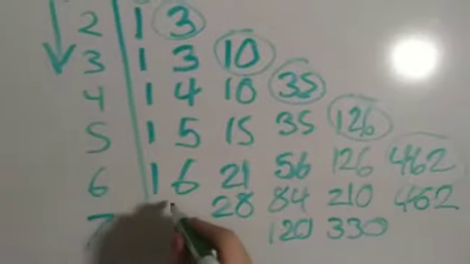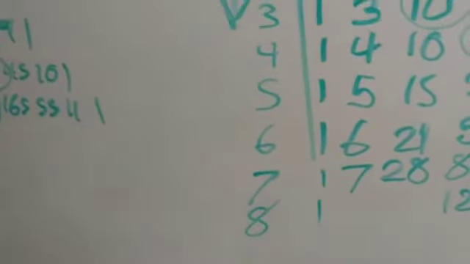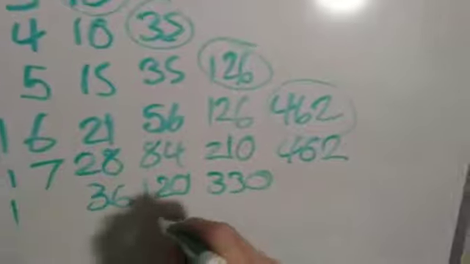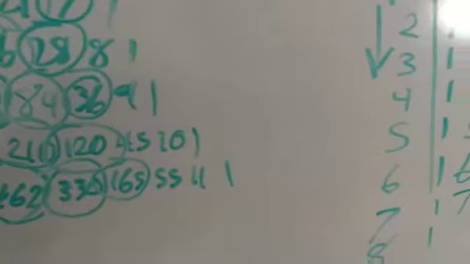Since we have some numbers over here to play with, we can put the 7 there, and 1 there, and 1 there. We'll put an 8 there. After 7 comes 36. So 36. After 36 comes 165. And then we move on to the 8.